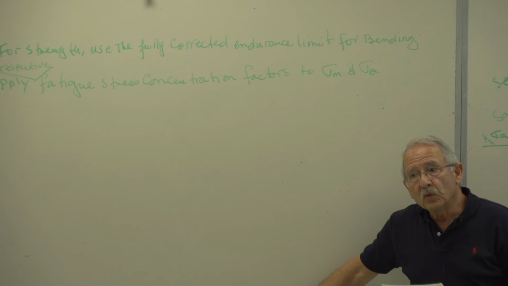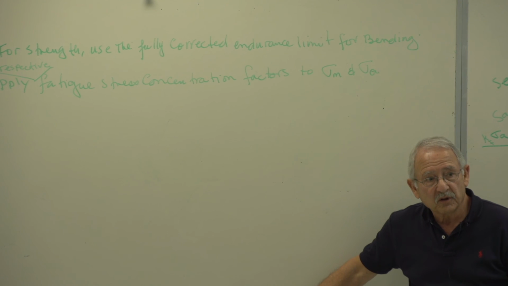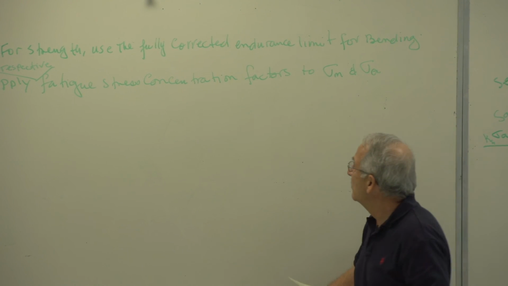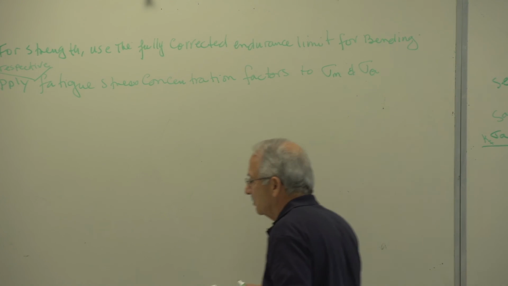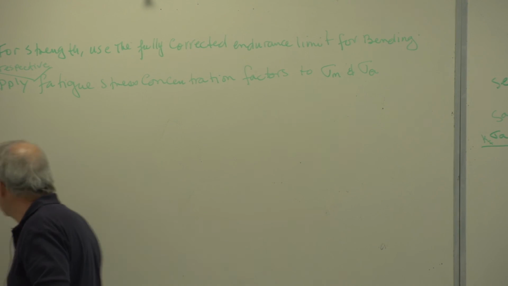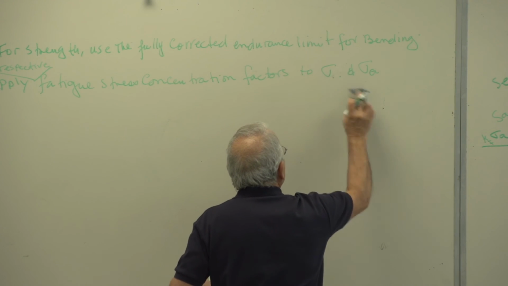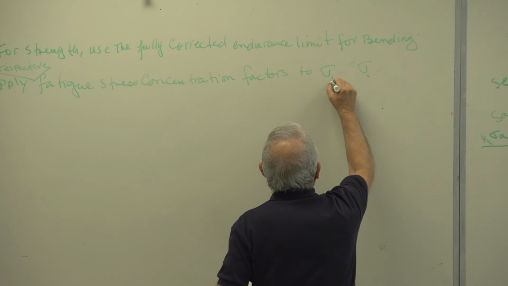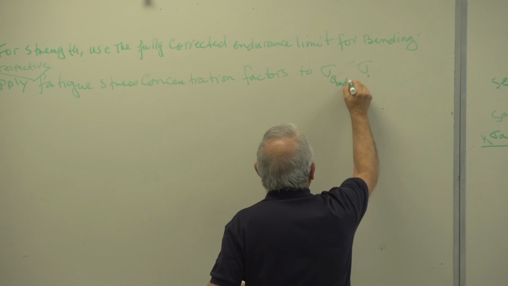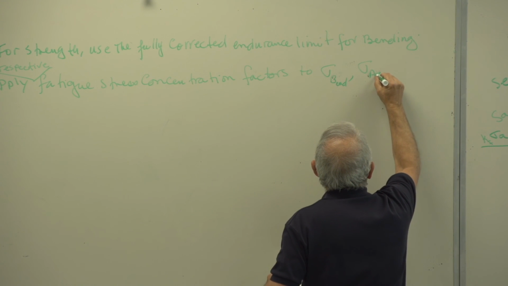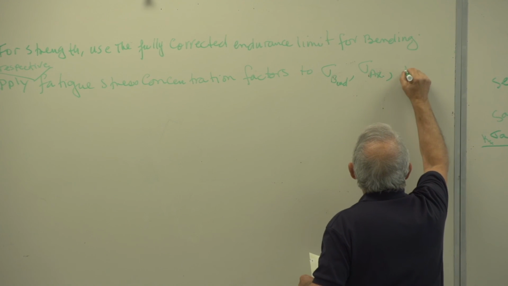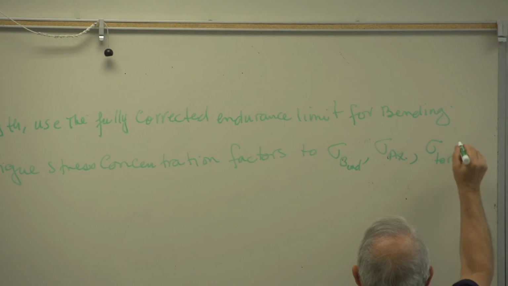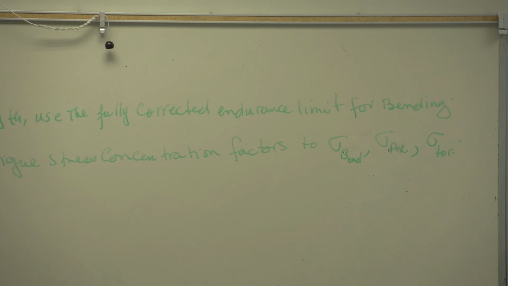But what I said was respective, meaning that, not sigma m and sigma a. Sigma bending, sigma axial, and sigma torsional, not sigma a and sigma m.